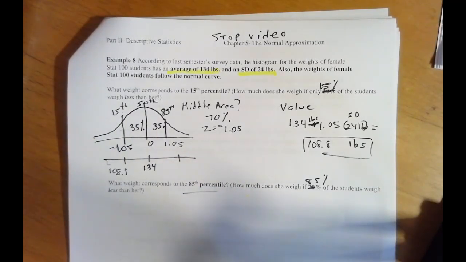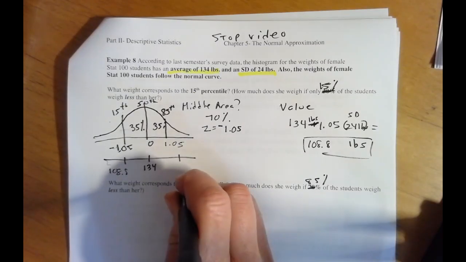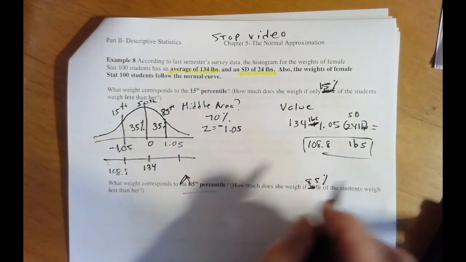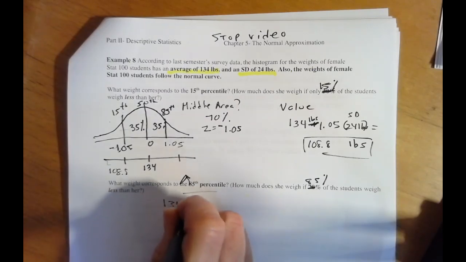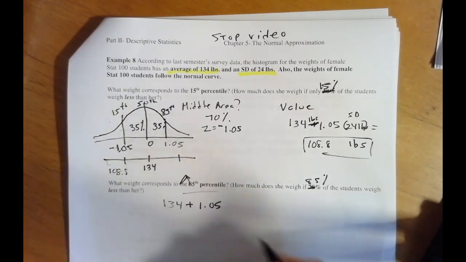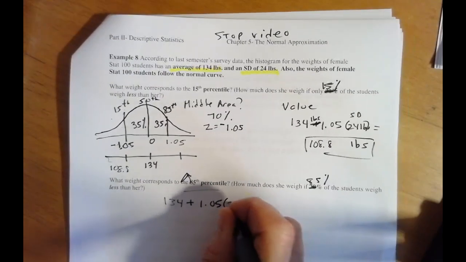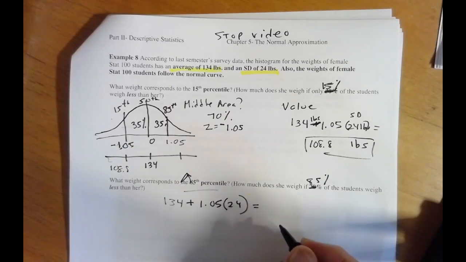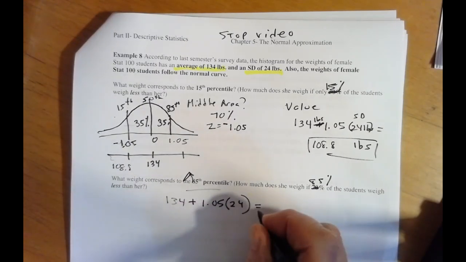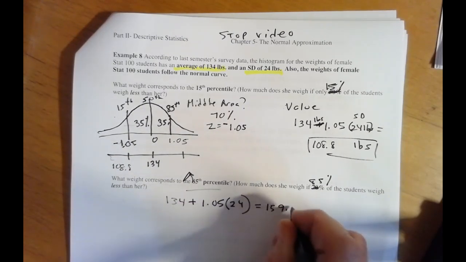Now, what about the 85th percentile? Well, that's going to be right there. So that would be 134 plus 1.05, but not pounds, 1.05 standard deviations. So that's going to equal 159.2.